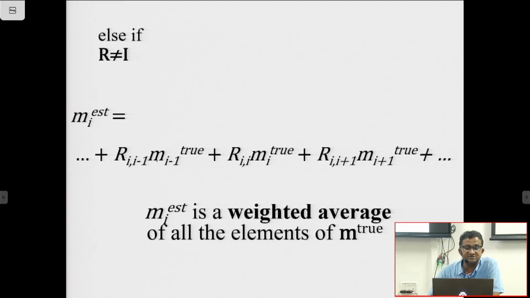So from these expressions we can say that it is an expression of the weighted average. Your estimated model parameter is the weighted average of the model parameters which are lying in the neighborhood of the original one.